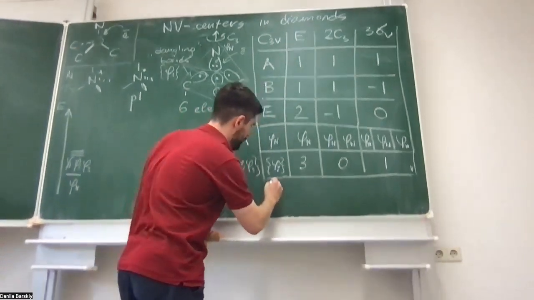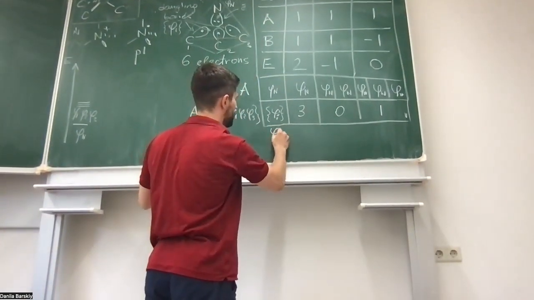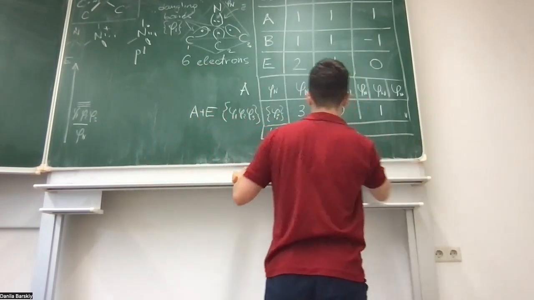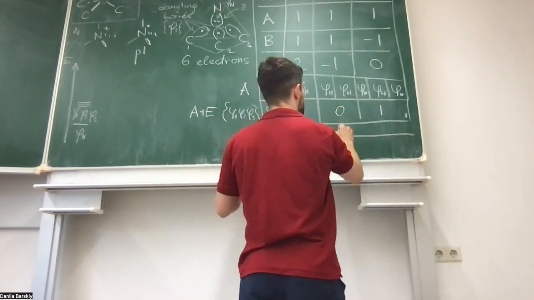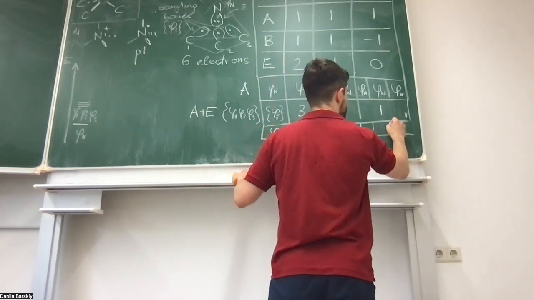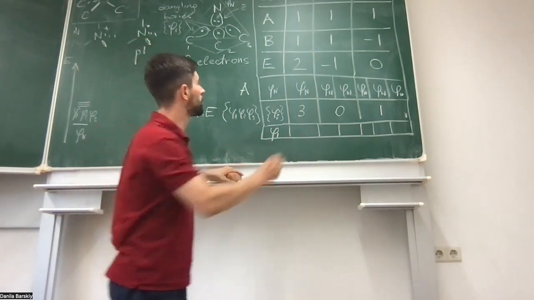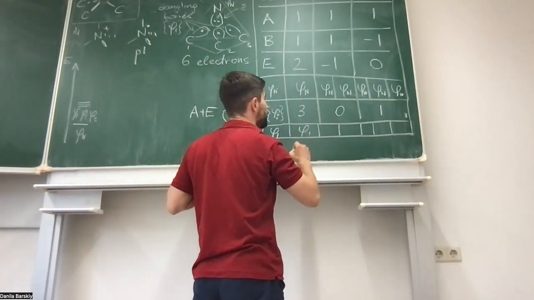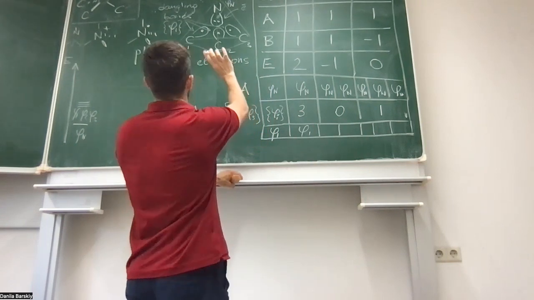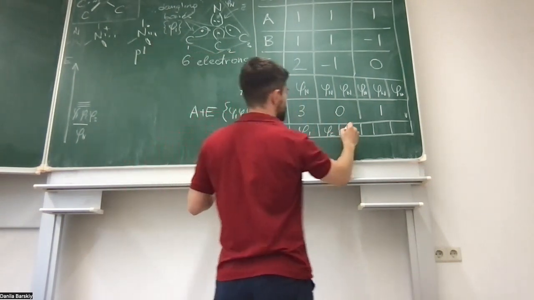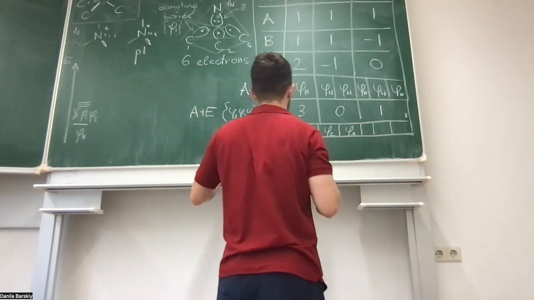Let's take the first orbital first, and run the whole set of operations, taking into account each operation, not just the class. When we do phi1, we have an operation phi1, rotate clockwise, it becomes phi2, rotate anti-clockwise, phi3.